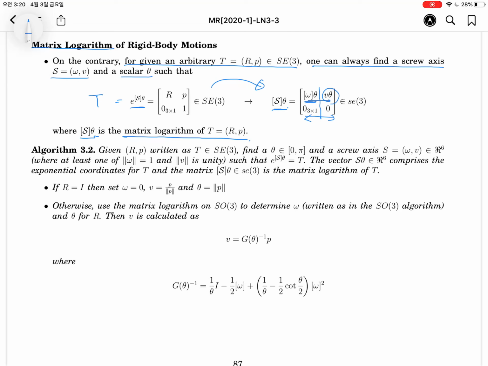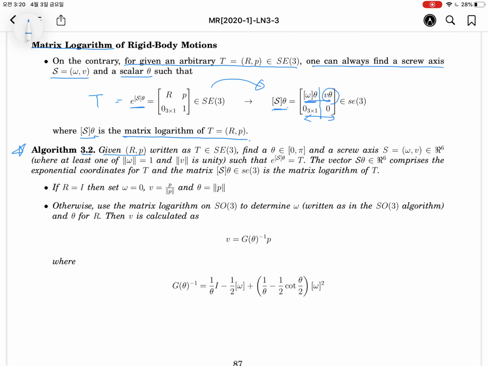Okay, in the previous lecture, we introduced algorithm 3.1 to extract the screw rotational axis and rotational angle. In algorithm 3.2, we will introduce the similar concept of matrix logarithm.